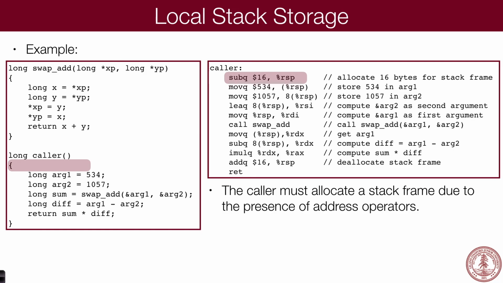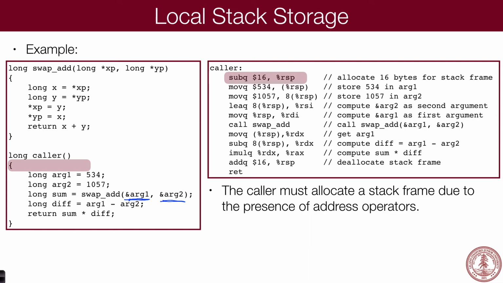This caller function sets up a couple arguments, and it puts the arguments onto the stack because the compiler's smart enough to know I'm about to use them with the ampersand operator, so I'm going to have to put them on the stack. Otherwise, there's no way to give the address of a register when you're passing into a function, so we do it through the main memory system, in this case on the stack.